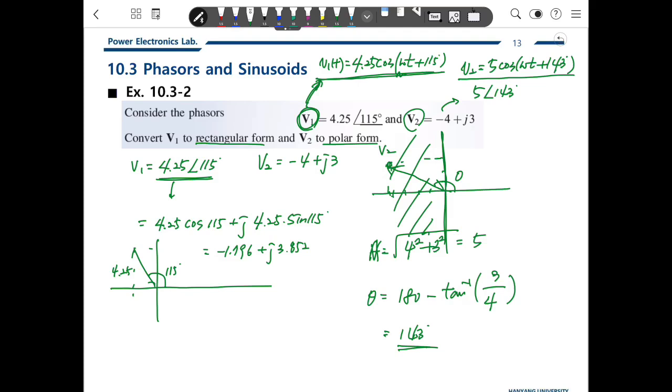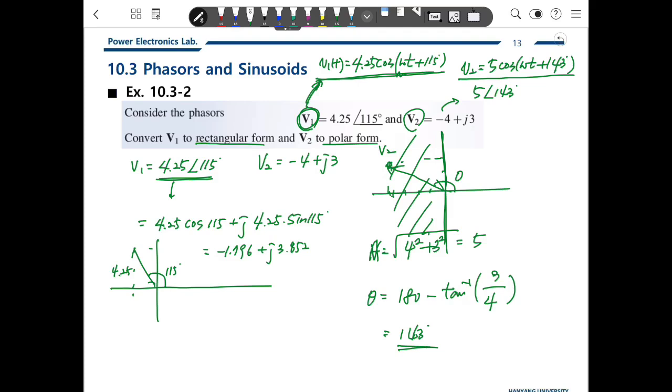Anyway, what I want to tell you here is that a phasor is a complex number value. Sinusoidal variables in an electric circuit are very complicated and difficult to deal with in the time domain. So we have an idea: if the source frequency is fixed, then all variables in the circuit, voltage and current, have the same frequency.